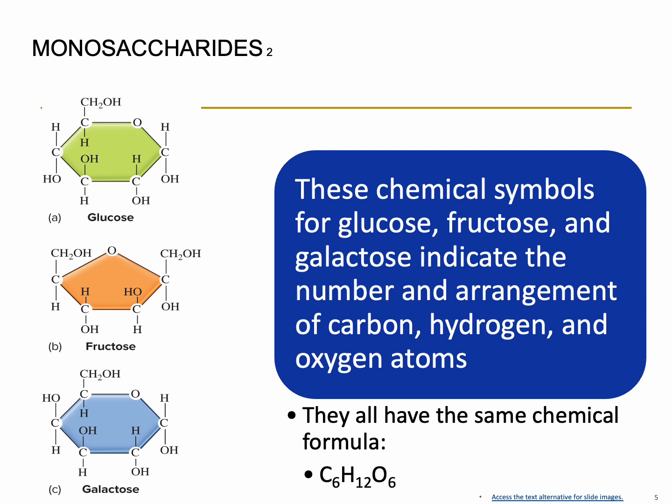You could just take a quick look and gosh, they're almost the same, right? Very, very similar structure, all containing carbon, hydrogen, oxygen in slightly different arrangements, but they actually all have the same chemical formula: C6H12O6.